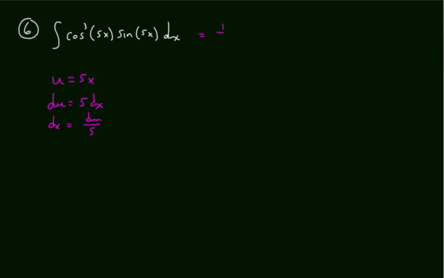I'd come over here, I'd pull out a 1/5 times the integral. I'd have cosine cubed of u times the sine of u du. So I successfully got rid of all the x's, but the problem is I haven't got any closer to evaluating this integral.